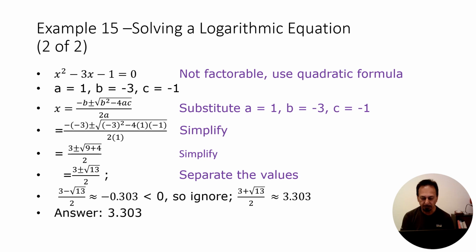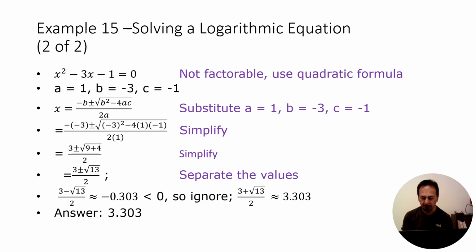So 3 squared is 9 and this becomes plus 4. So we get 3 plus or minus square root of 13 over 2. And we can break it down into two solutions. One is 3 minus square root of 13 over 2, and putting it on the calculator, rounded to 3 decimal places, you get negative 0.303.